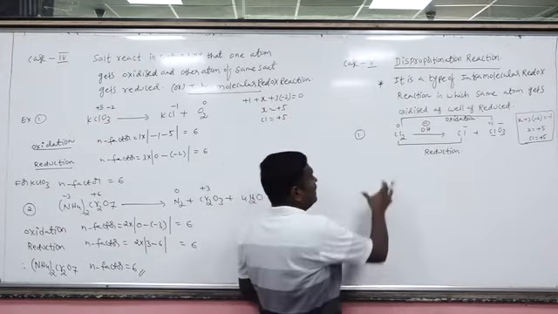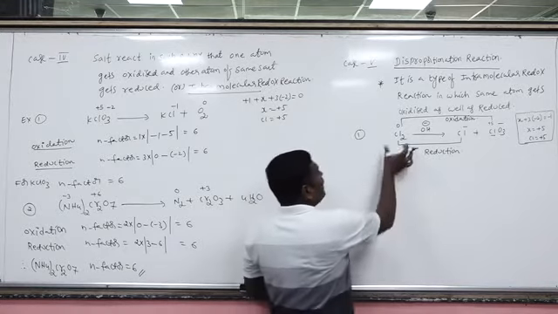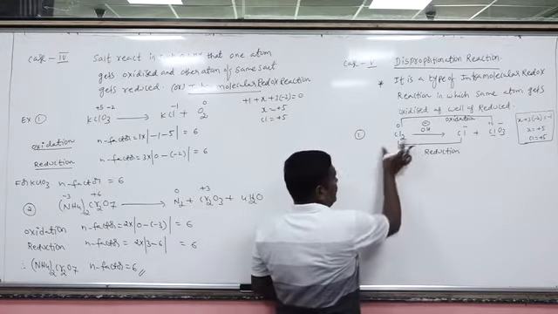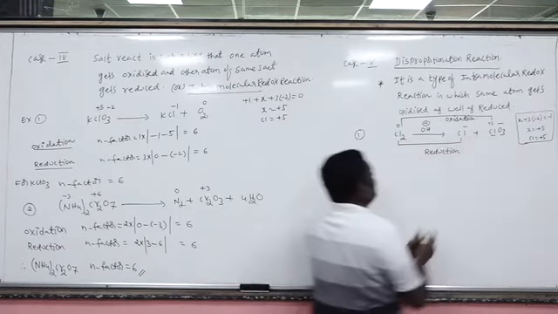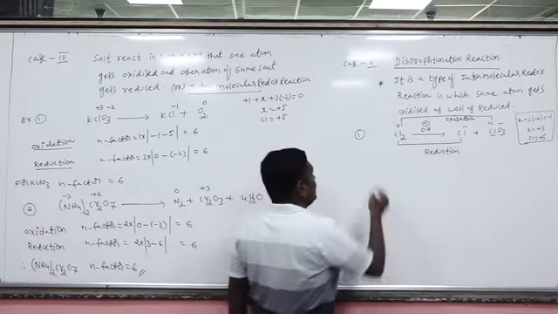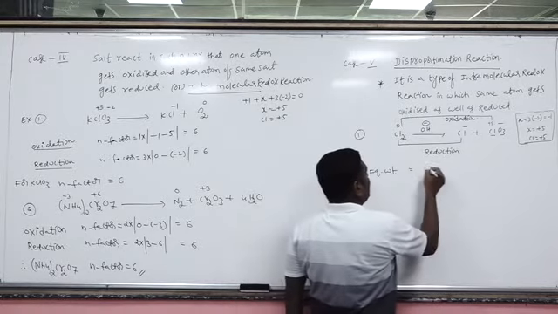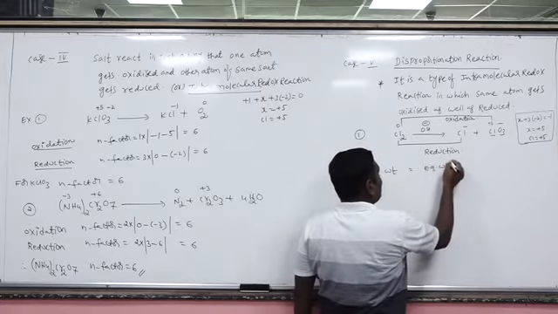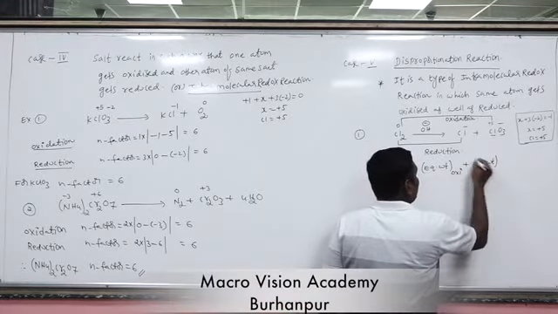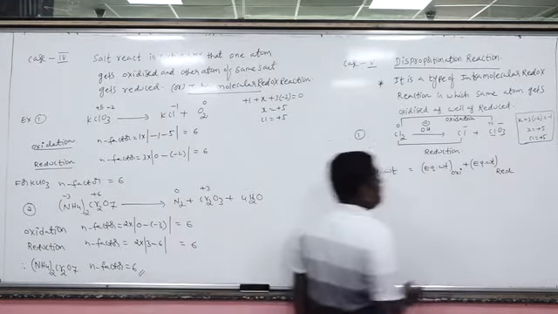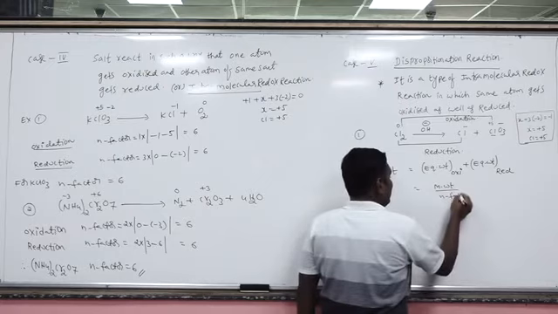Now, in this redox reaction, how do we calculate the equivalent weight or N factor? Here, some fraction of the chlorine molecules will get oxidized and some fraction will get reduced. So to calculate the total equivalent weight, it is the equivalent weight in the oxidation process plus the equivalent weight in the reduction process. Equivalent weight is equal to molecular weight by N factor.